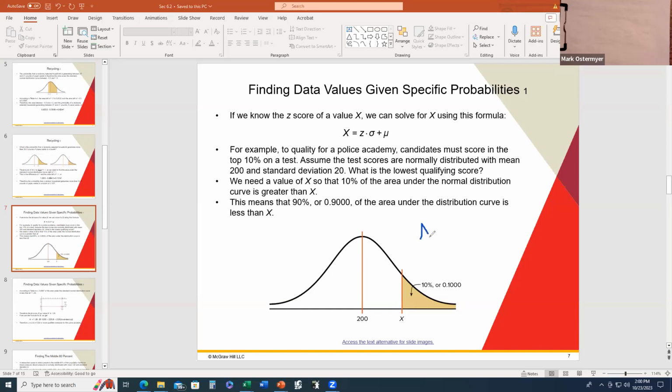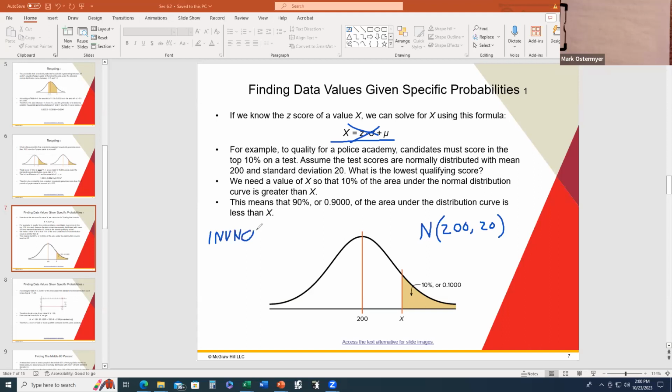Furthermore, notice our normal distribution is with a mean of what? 200. That's mu, and its standard deviation is 20. To find this X value, we don't have to use a standard normal distribution and destandardize this value. That's old school. That's yesterday. But we got our calculator. We don't need to deal with that anymore. All we got to do is bring up our inverse norm function.